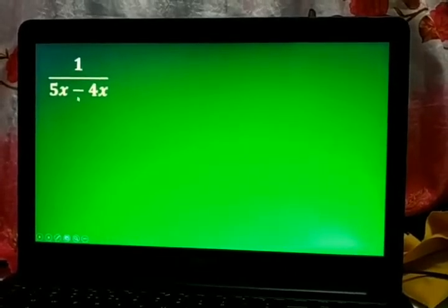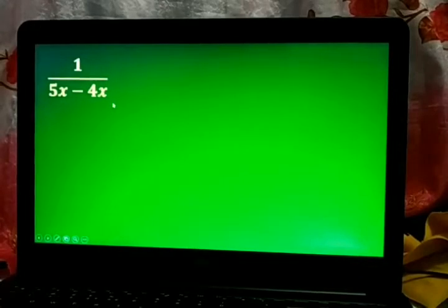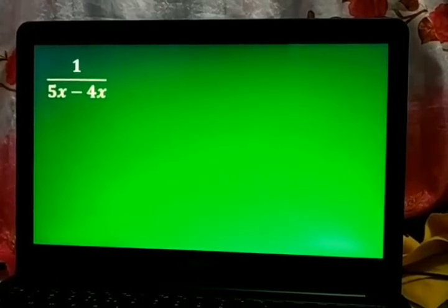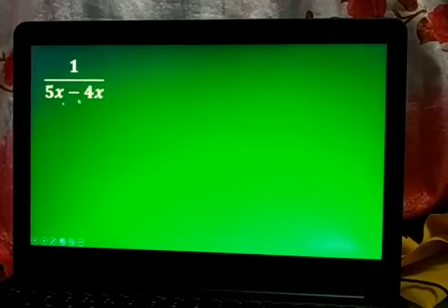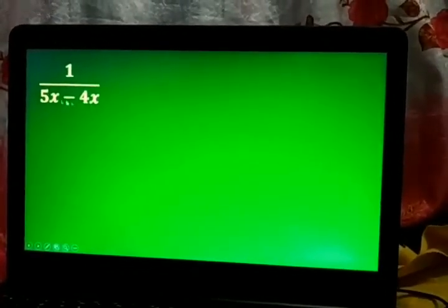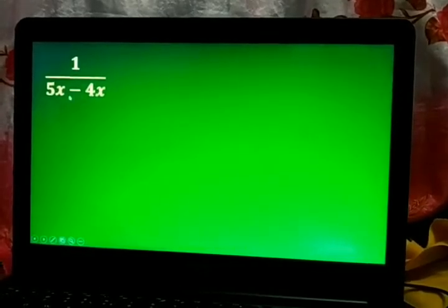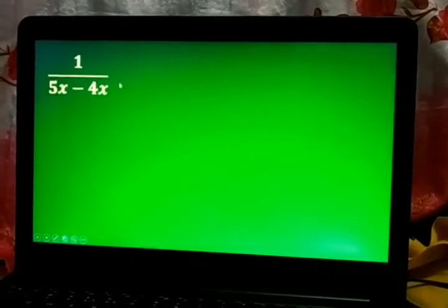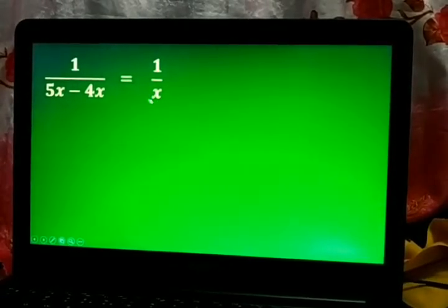Let's have another set. 1 over 5x minus 4x. Is this in ratio form? Yes. And so let's take note of the denominator. 5x minus 4x. Notice that they have the same variables. So combine them. They have different signs, so subtract them. 5x minus 4x will become x, so 1 over x. Take note of the x.